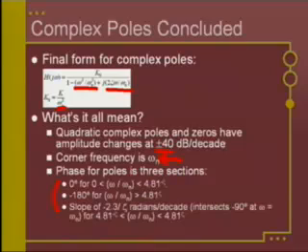You see that the phase does a very complicated transition based on, I don't know where this number 4.81 comes from, but it seems very specific, and also very random. But the key thing: quadratic terms change at positive or negative 40 dB per decade, and the corner frequency is this omega n that we can solve for.